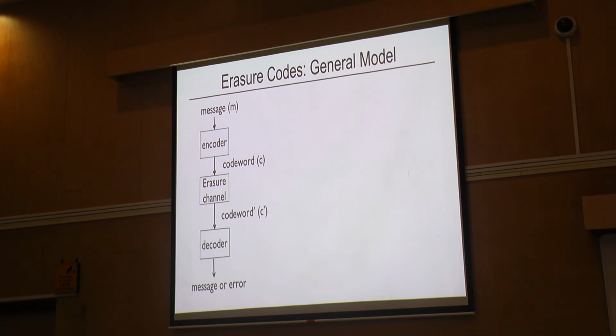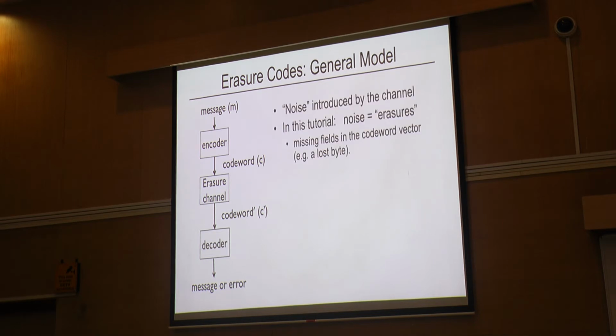It has to output what it thinks is the right message, or declare that it cannot decode. So the noise would be erasures, and the decoder has to deal with erasures.